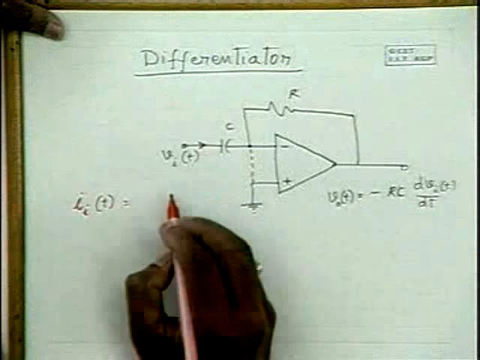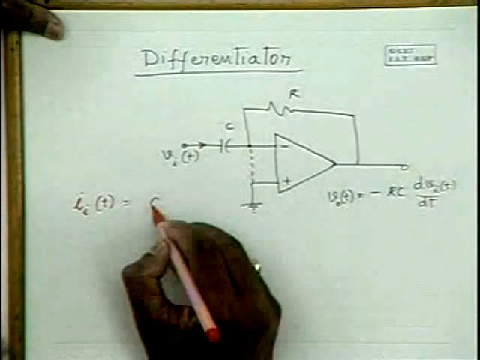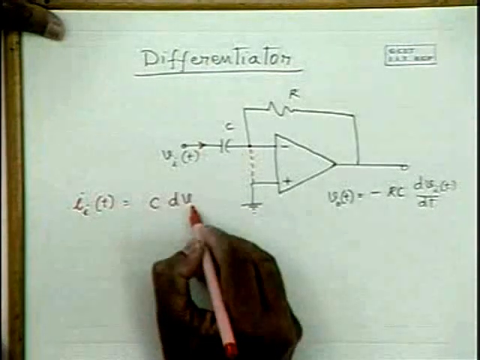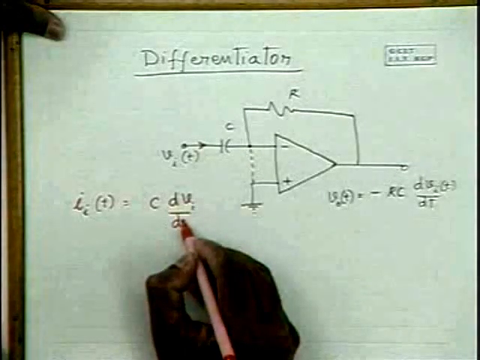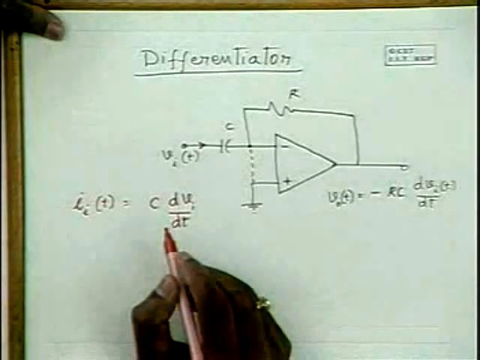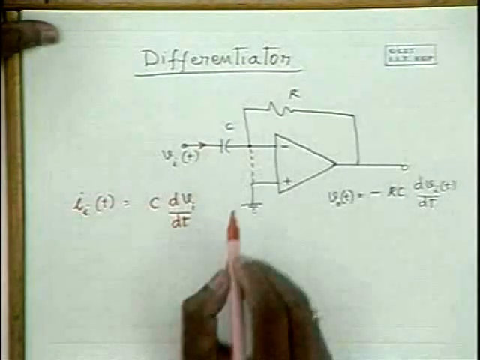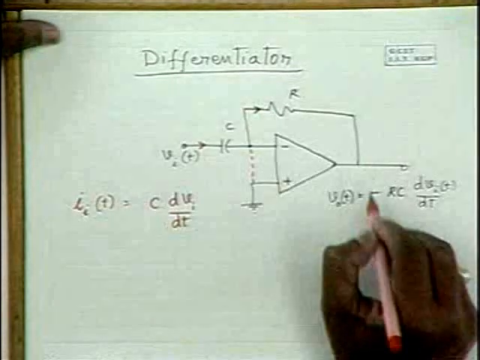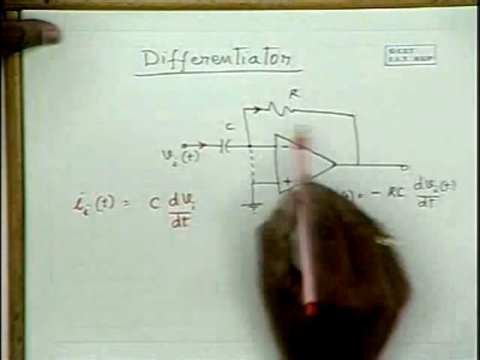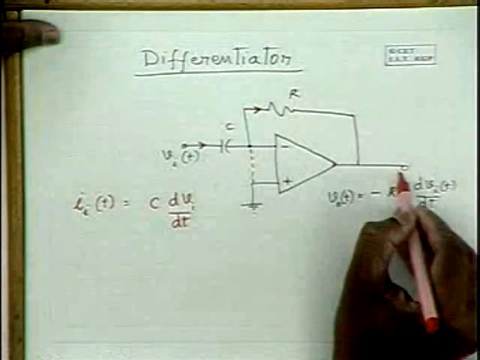Therefore, Ii(t) is equal to C dVi by dt, because it's a capacitor. Now the same current flows through R, and the output voltage V0 is the voltage drop across R with opposite sign, because this side is ground and this side is connected to the output terminal.